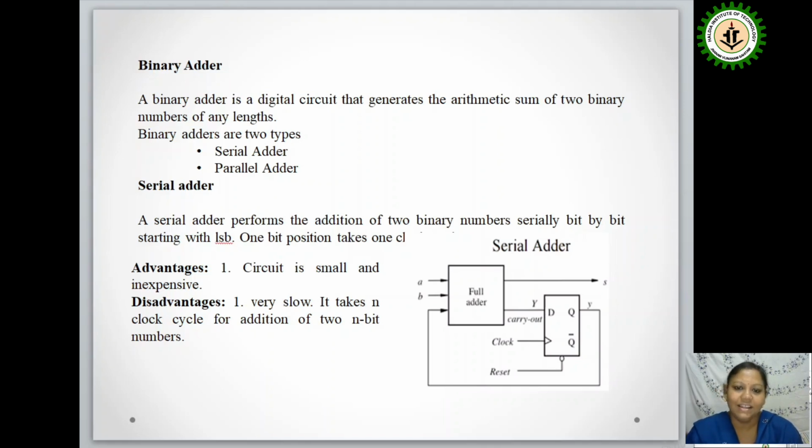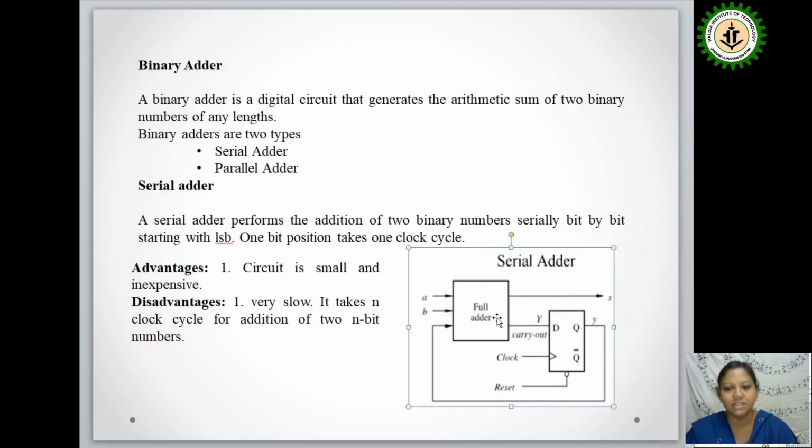So, the binary adder is classified into two parts: one is the serial adder, one is the parallel adder. A serial adder performs the addition of two binary numbers serially, bit by bit, starting with the LSB position. LSB means the least significant bit position. One bit position takes 1 clock cycle.